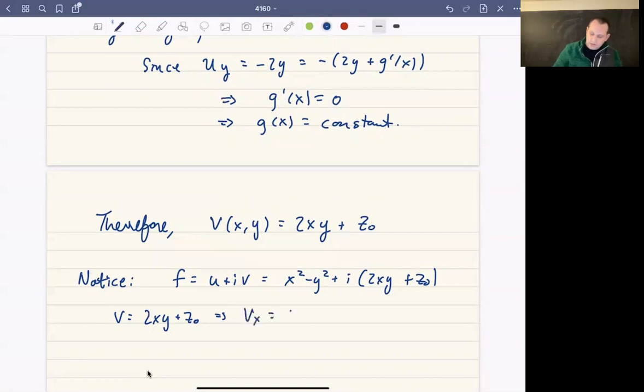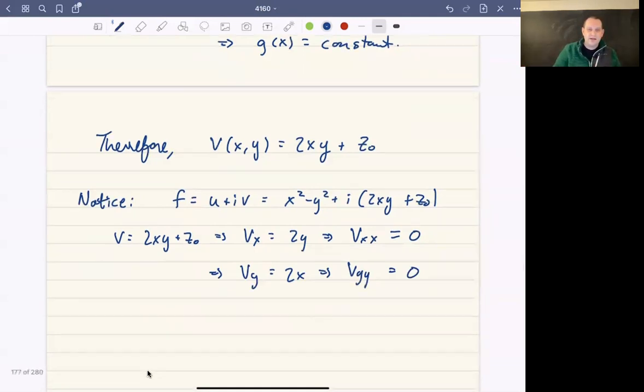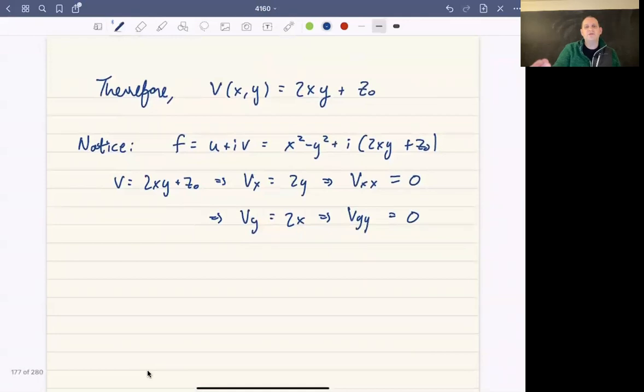So V sub x is 2y, and that tells you that the second partial with respect to x is 0. Likewise, the partial with respect to y is 2x, so the second partial with respect to y is also 0. And so when we add them up, we get 0. So V is harmonic. But notice that f is holomorphic because it satisfies the Cauchy-Riemann equations almost by definition of how we constructed V.